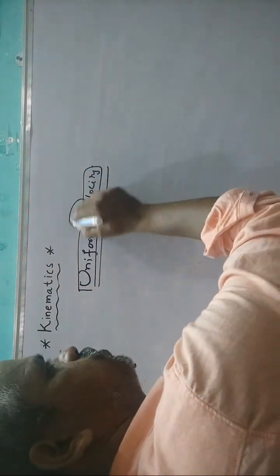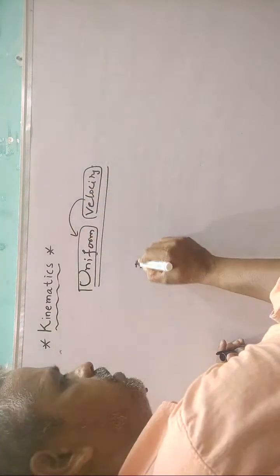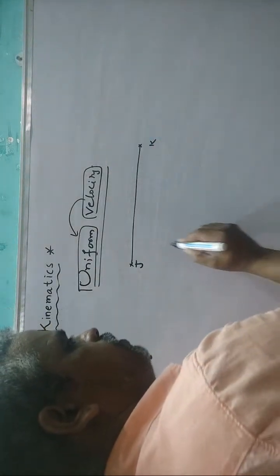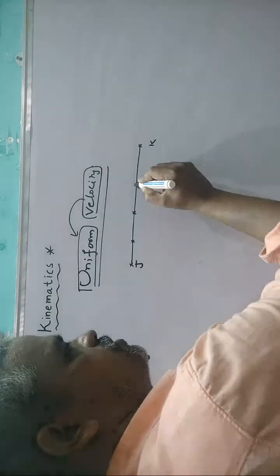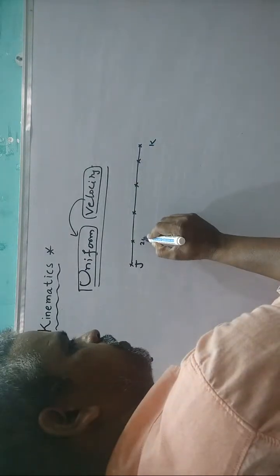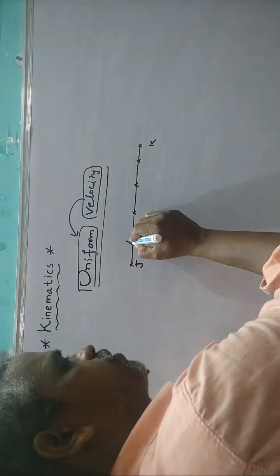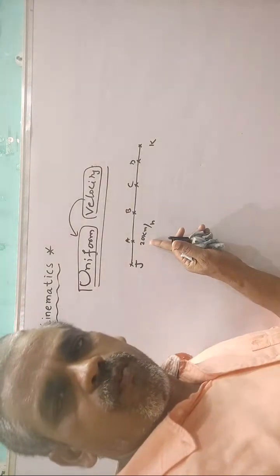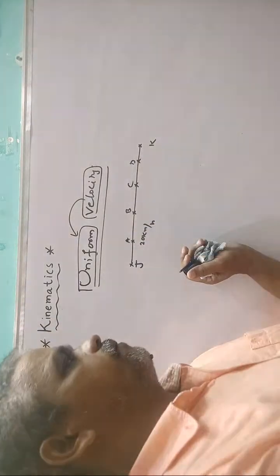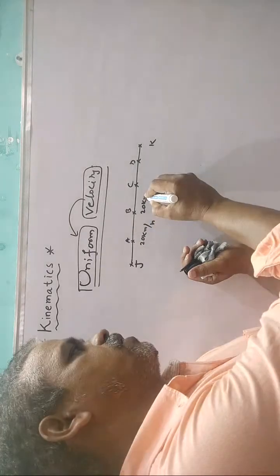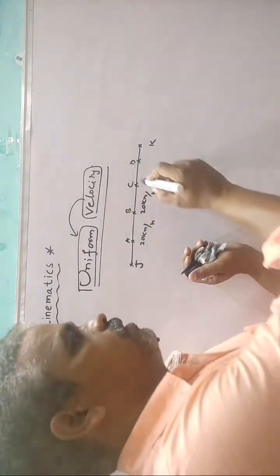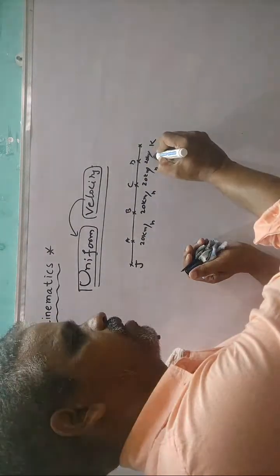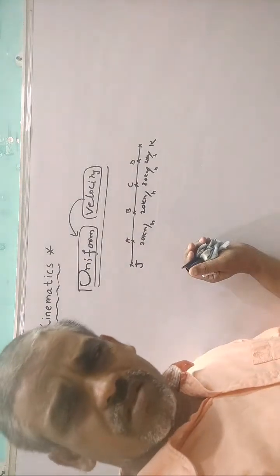Velocity should be the same. While traveling from Jaichal to Karimnagar, the velocity at a particular point, at this point, at this point, for example we are traveling at 20 kilometer per hour at point A, point B, point C, point D. 20 kilometer per hour velocity at point A, then 20 kilometer per hour at point B, 20 kilometer per hour at point C, 20 kilometer per hour at point D. What does it mean?